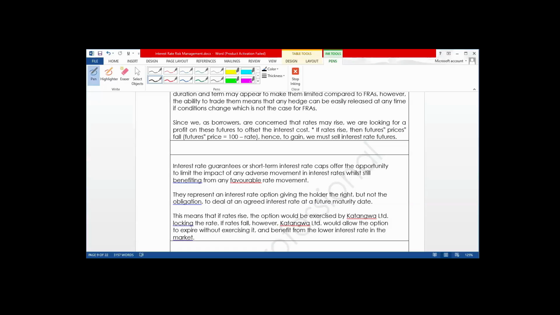You can limit adverse changes in interest rates. At the same time, you can take advantage of favorable movement in interest rates.